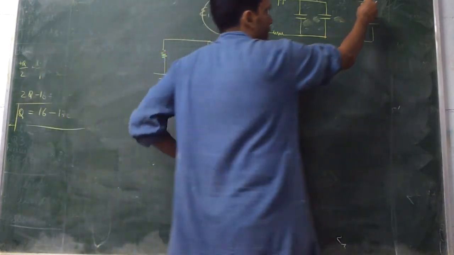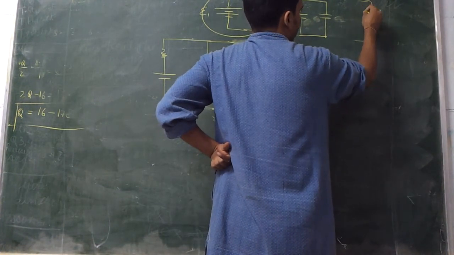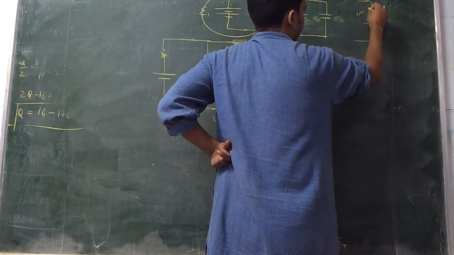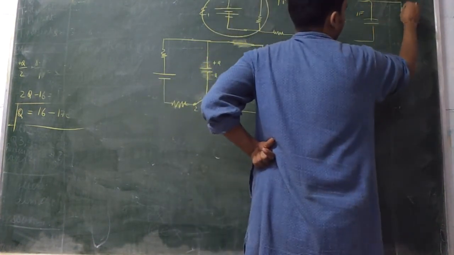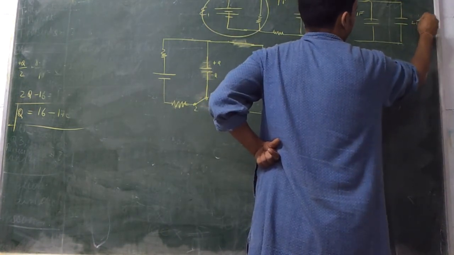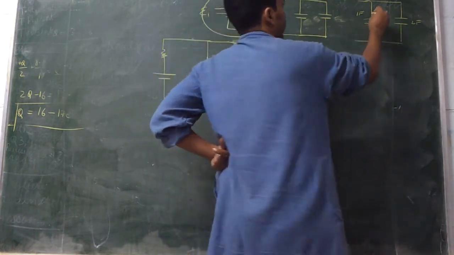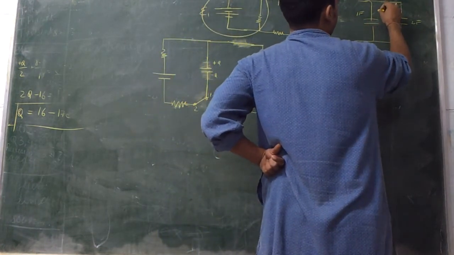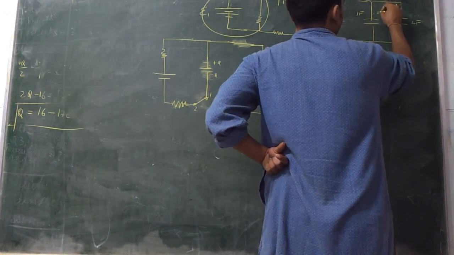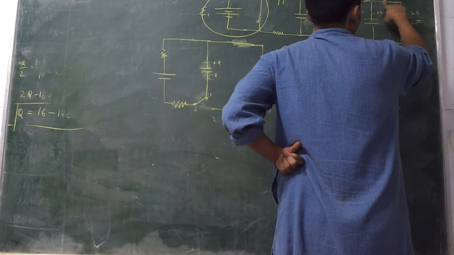Now, if I give you something like this is a capacitor of value 1 farad, and this is a capacitor of value 2 farad, and this had an initial charge 2 coulombs on it, and this also had an initial charge 2 coulombs on it.